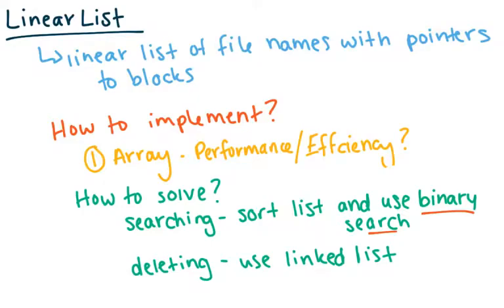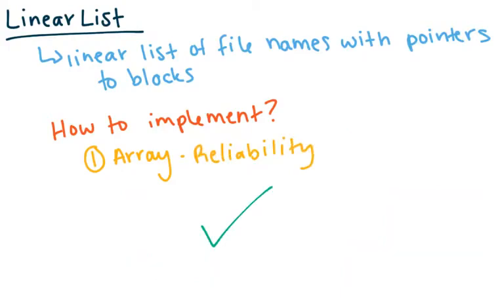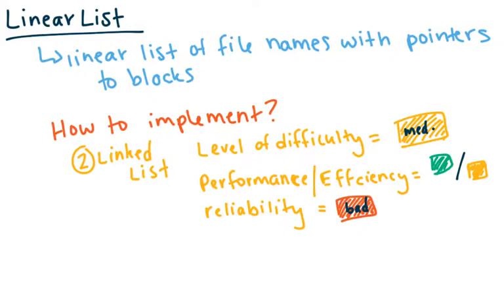For deleting, we could use a linked list, which leads us to the next one, where we'll talk about how to implement this with a linked list. But reliability, it's very reliable. The array is there, and it's there to stay. And we'll talk about why other implementations are not necessarily like that.